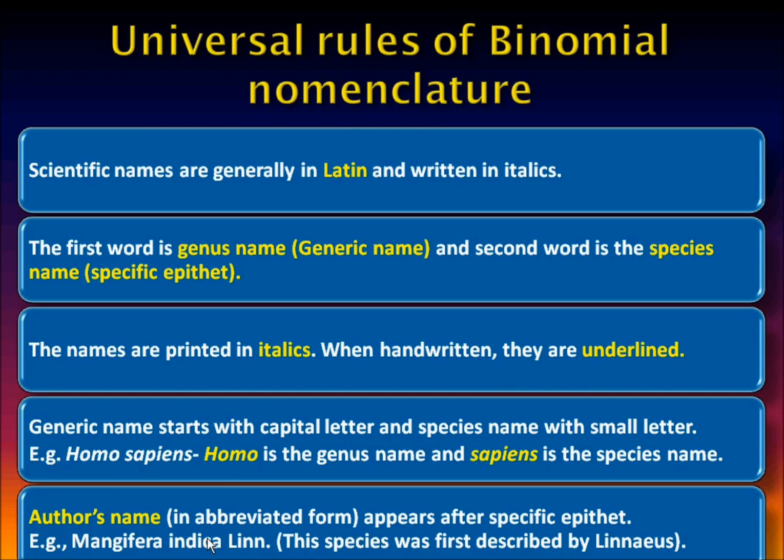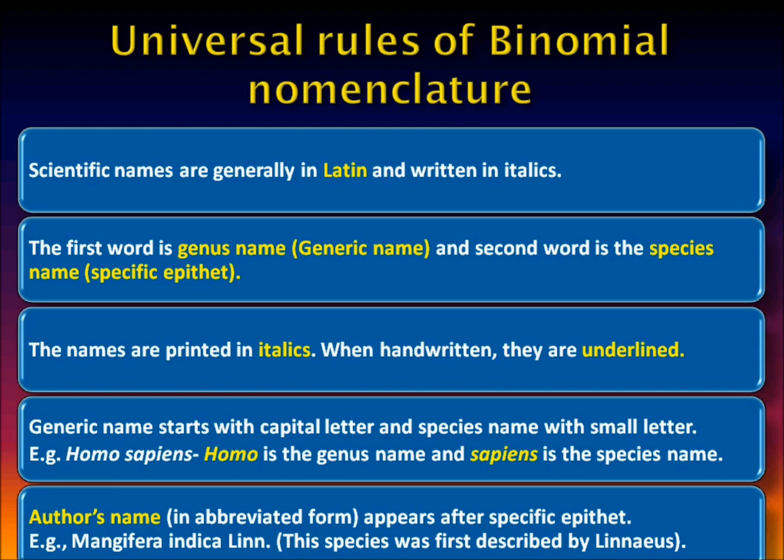This is the scientific name of mango. We use Linn. This Linn means that this was first described by Linnaeus. So the name of the author appears after the specific epithet, at the end of the biological name, and it is written in an abbreviated form. It indicates that this species was first described by Linnaeus.